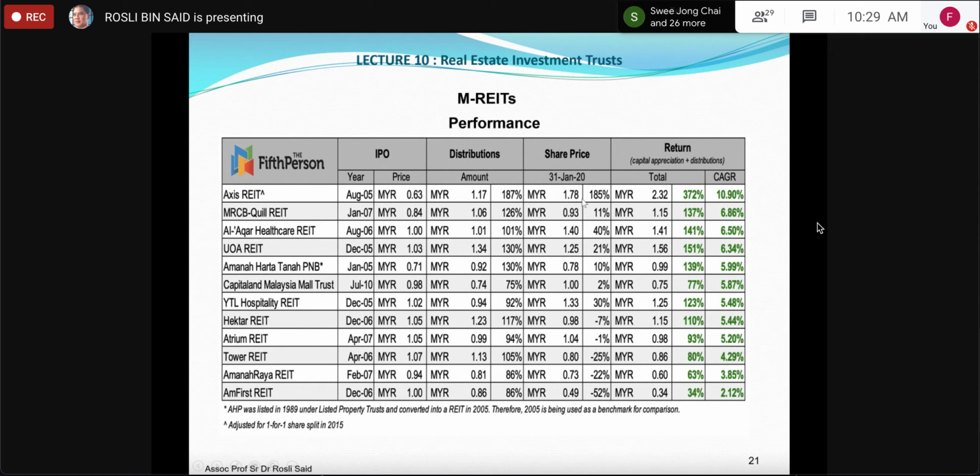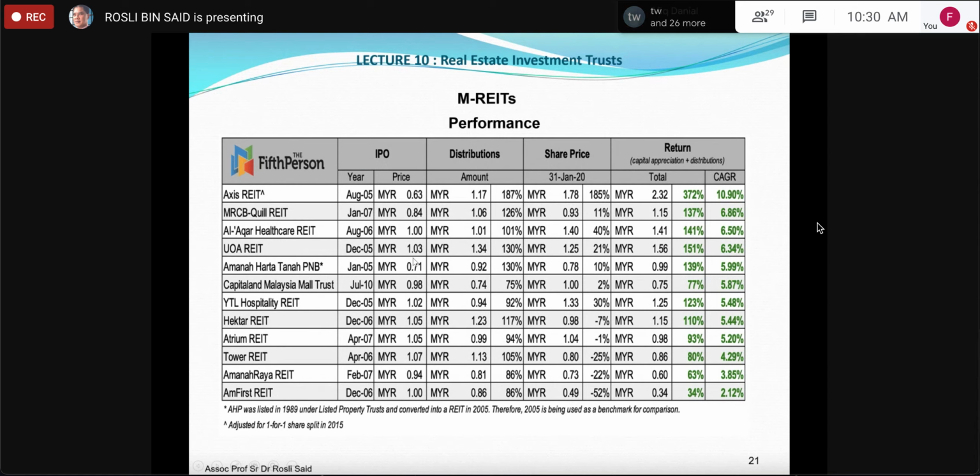So it has increased about 185%, which is very good. And then MRCB Quill REIT started in 2007 at 0.84, but now it is one ringgit 15 cents, which is an increase of about 137%.